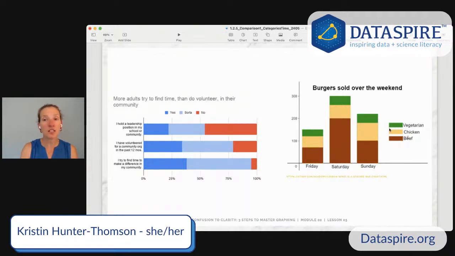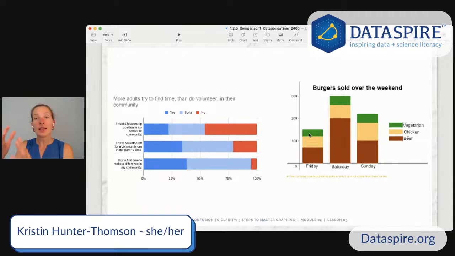But when we look across groups, we're really interested to see, oh, there are a lot more burgers sold on Saturday than there are on Sunday. That would not show up on the stretched bar chart because everything gets anchored to that full whole. We're looking at proportions or percentages in our stretched bar chart. In our stacked bar chart, we can look at the quantities, the absolute values. It also helps us make general comparisons across our categories and among our groups.